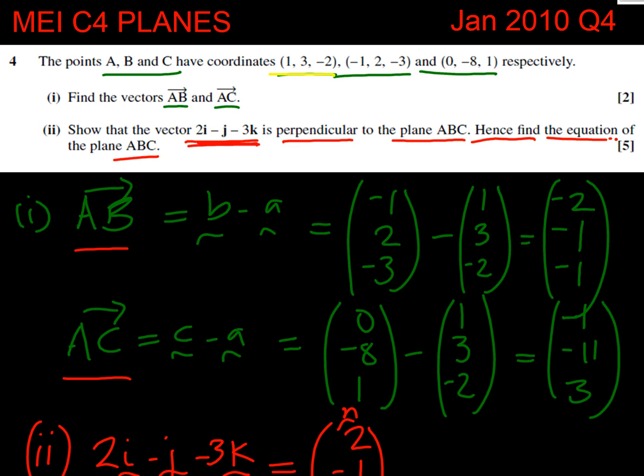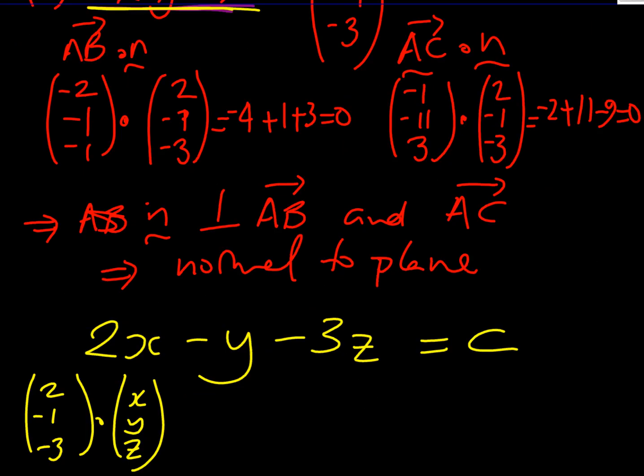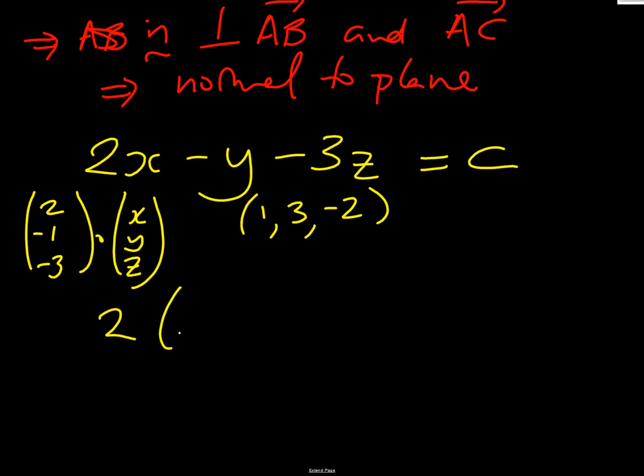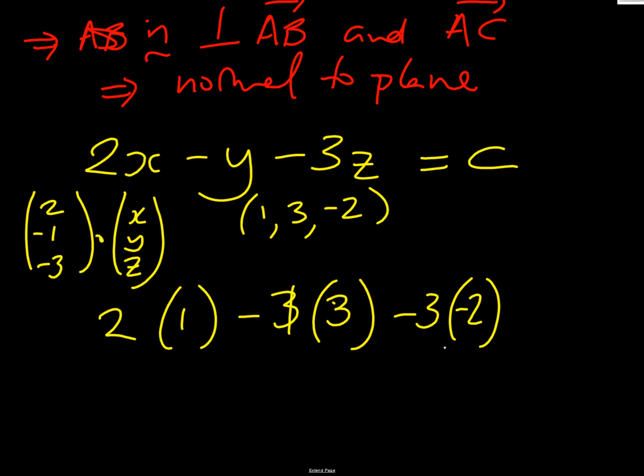My A is 1, 3, minus 2, so that must be true at 1, 3, minus 2, so I can substitute those in very quickly. 2 times 1 minus 3, so 1 times 3, correction, minus 3 times minus 2, and that's going to equal C, so I know that's 2 minus 3 plus 6, which equals 8 minus 3 is 5, so C equals 5.